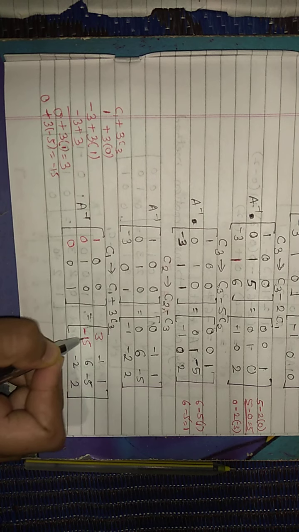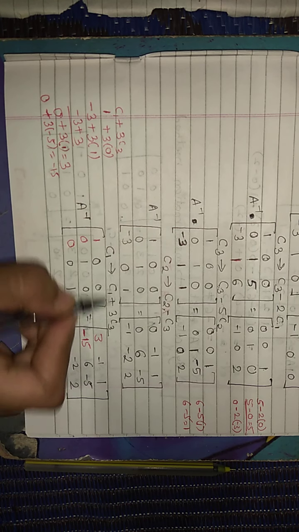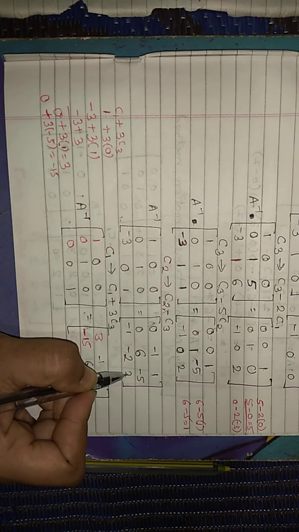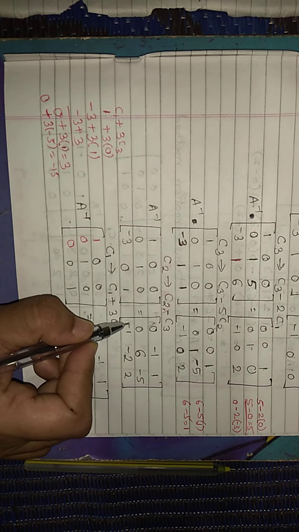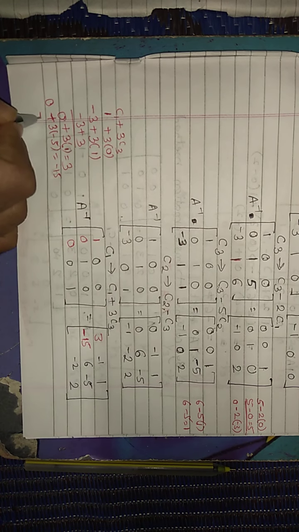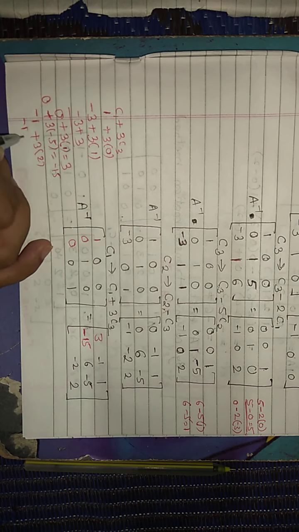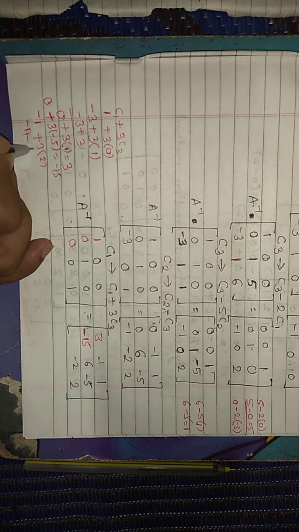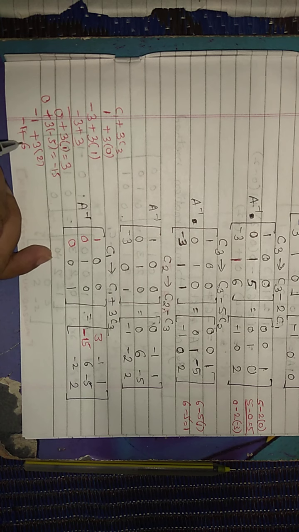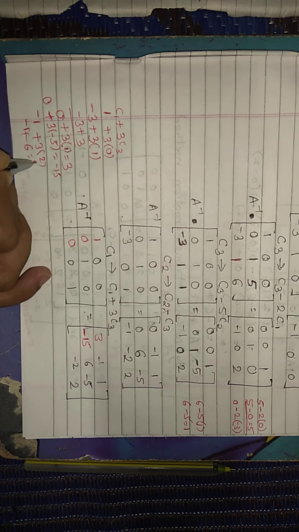So we write here minus 15. Next, same formula we are using. Minus 1 and 2. So minus 1 plus 3 into 2. Minus 1 plus 3 2s are 6. Minus 1 plus 6 is equal to 5.